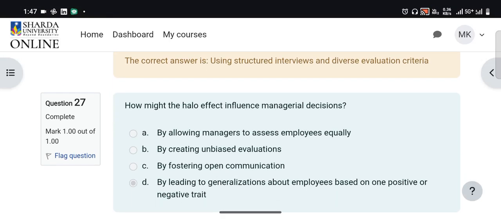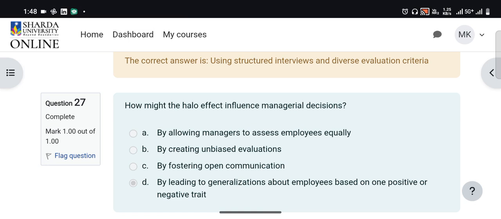Question number 27. How might the halo effect influence managerial decisions? Option A, by allowing managers to assess employees equally. Option B, by creating unbiased evaluations. Option C, by fostering open communication.